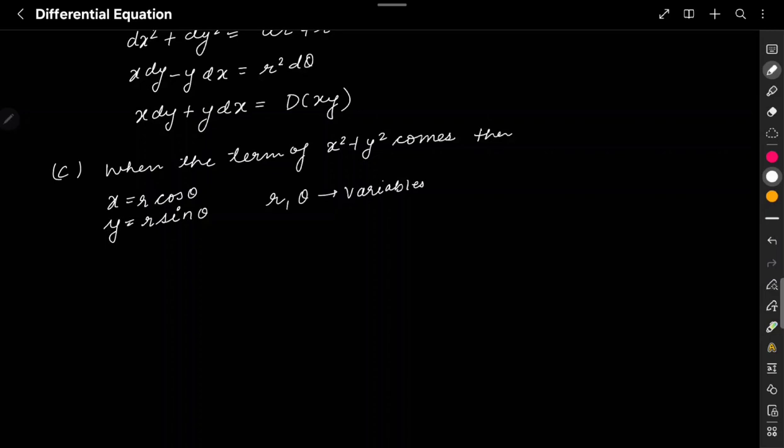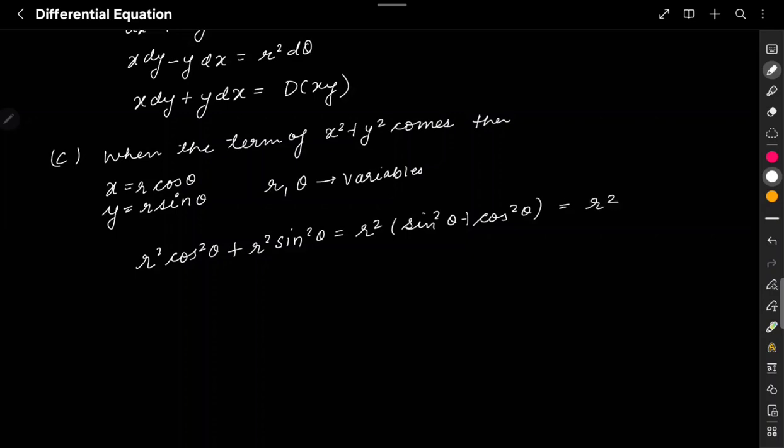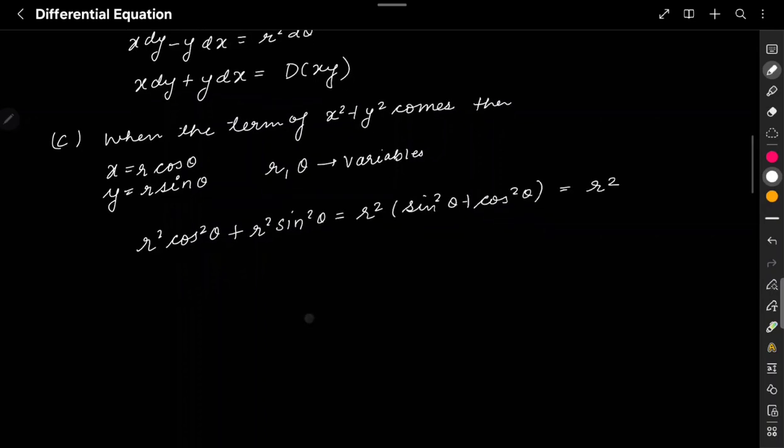So we can substitute this. We'll get r² cos² θ plus r² sin² θ, which equals r² common, so we get sin² θ plus cos² θ, which makes 1. So this forms r², so we can write x² plus y² equals r². That's it.